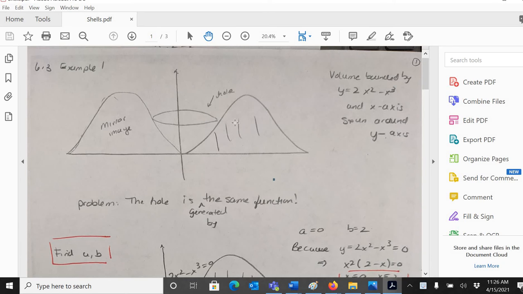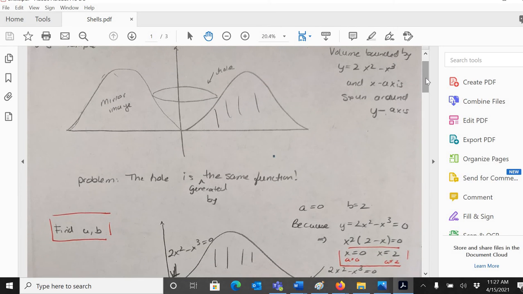And the problem is, if you apply the method I have, where I say, okay, let's punch out the hole, well, the hole is coming from the same function as the outer thing. So what you have here is a bowl inside that's being popped out, and the outside's like a mountain.